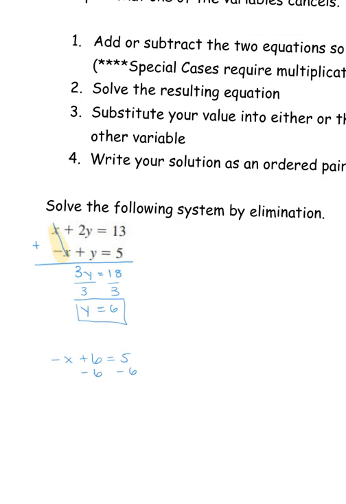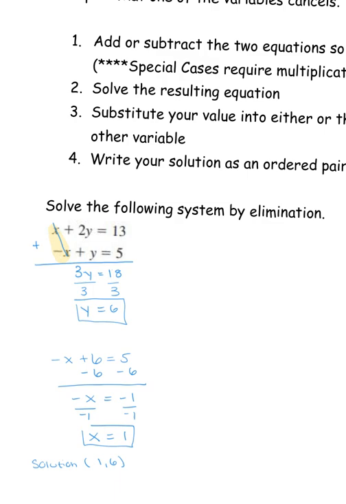Subtract 6 on both sides. I get negative x is equal to negative 1. Divide both sides by negative 1. And I get x is equal to 1. So the solution for this system is 1, 6. And remember, when we write our coordinate points, we are writing them in x, y format.